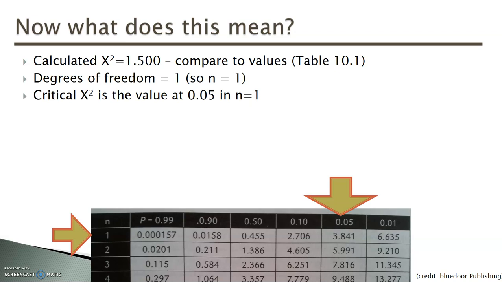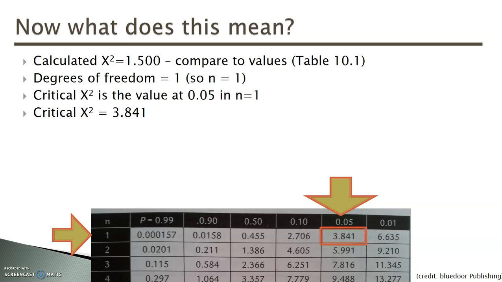Then also remember that our critical chi-square is the value that is in the 0.05 column. It's the n1 row, 0.05 column. So the critical chi-square value for this specific experiment is 3.841.